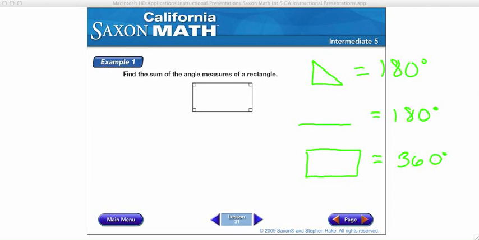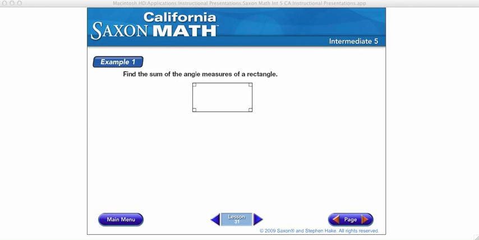So let's look at example 1, and it asks us to find the sum of the angle measures of a rectangle. So I'm going to find the sum, which means to add, of these 4 angles. Well, since they're right angles, I know that they are all worth 90 degrees.